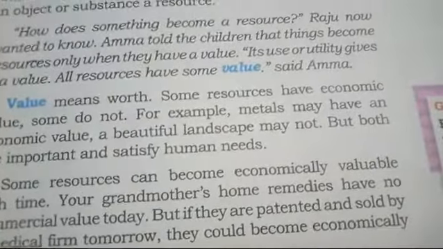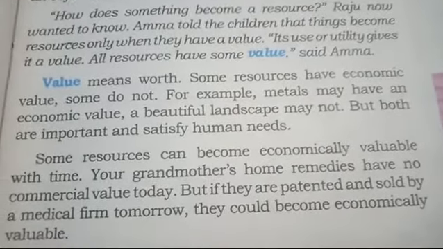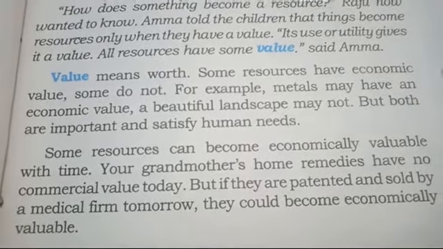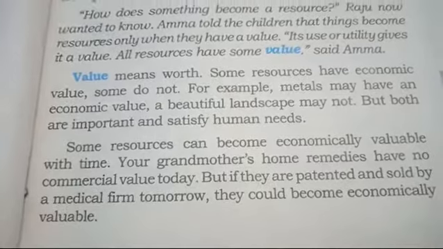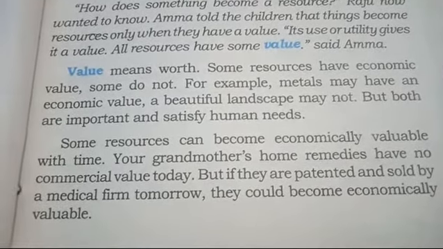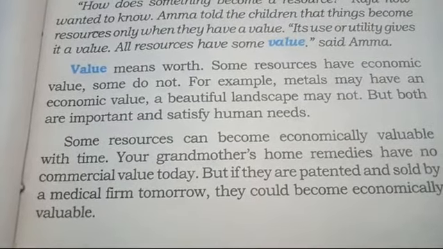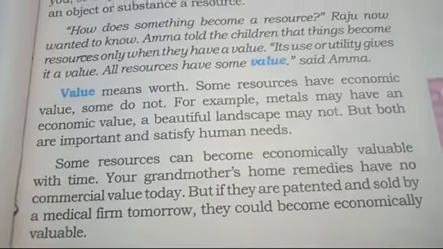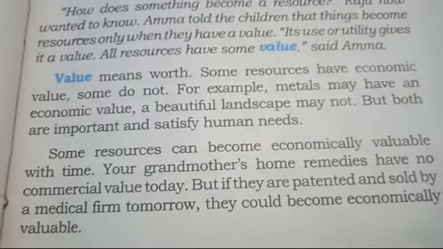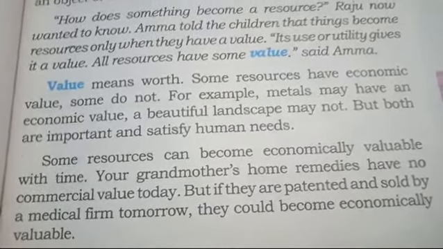So like beta, everything we use has some economic value also. Like we pay for electricity, we pay for rickshaw, we pay for water, we pay for vegetables, we also pay for textbooks. Okay, now a beautiful landscape, like the resources that we get from nature, may not have an economic value, but the resources that we get from human made have a value. Okay, and so both the resources are really very much important and satisfy human needs.